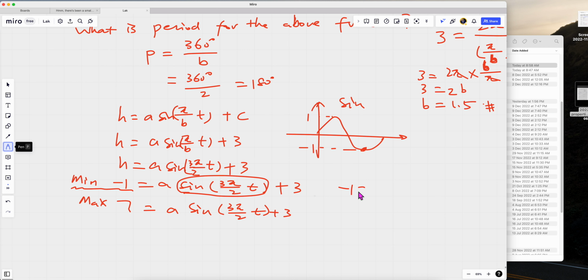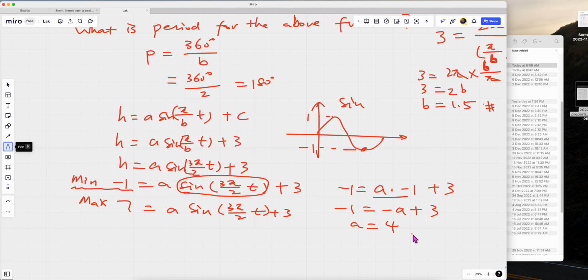So therefore this one has to be minimum, so it's -1 equals minus a plus 3. So a equals 4, right?